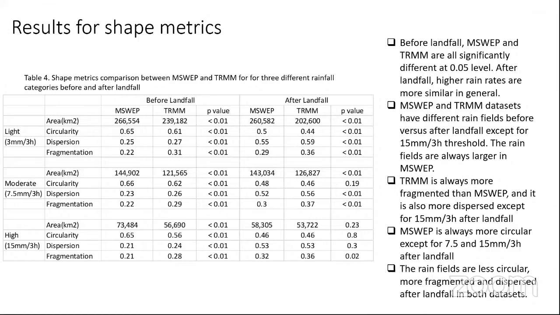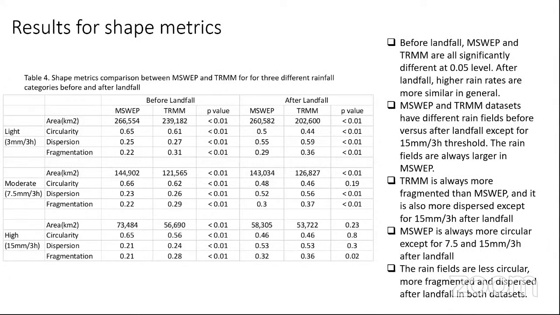MSWEP and the TRMM datasets have different rain fields before versus after landfall, except for the 15 millimeters per 3 hour threshold. The rain fields are always larger in the MSWEP. TRMM is always more fragmented than the MSWEP, and it is also more dispersed, except for the 15 millimeters per 3 hour category after landfall.